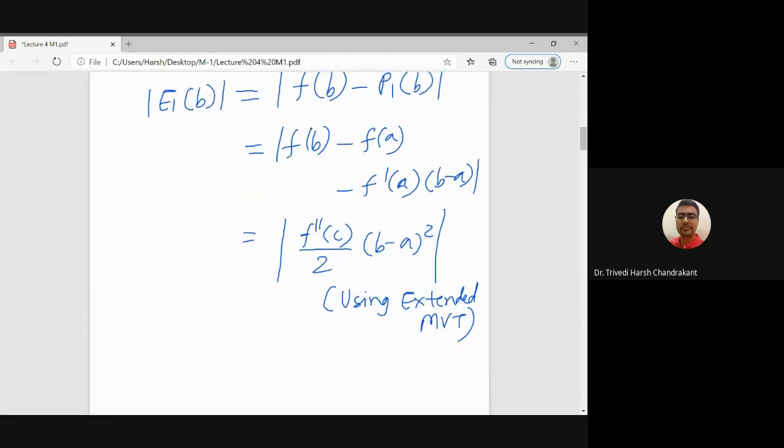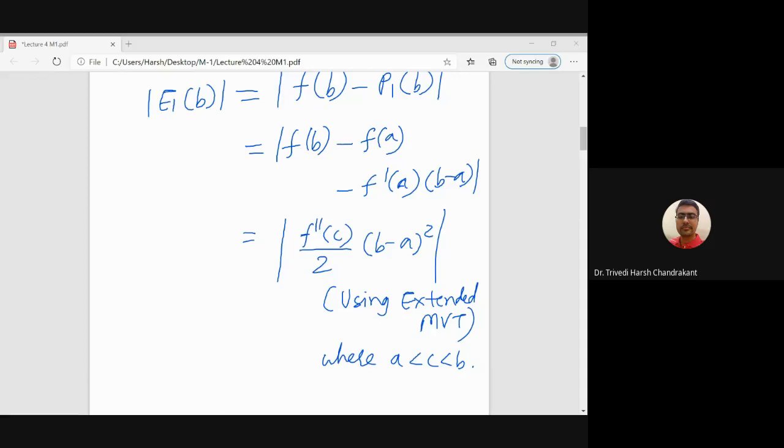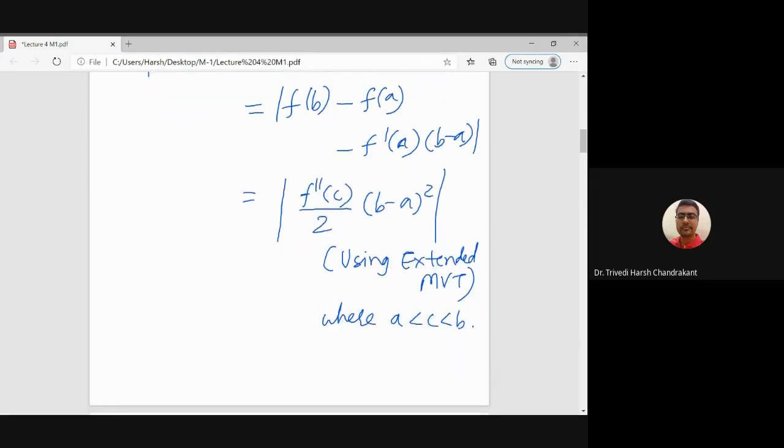And what is c? C is between a and b, right? So this term basically we can estimate if our function is good enough.